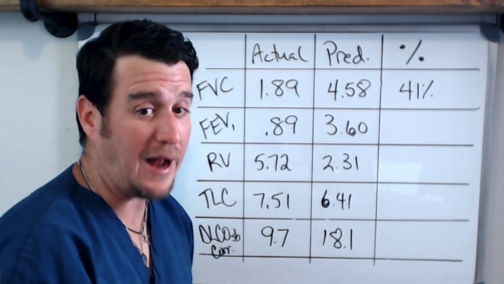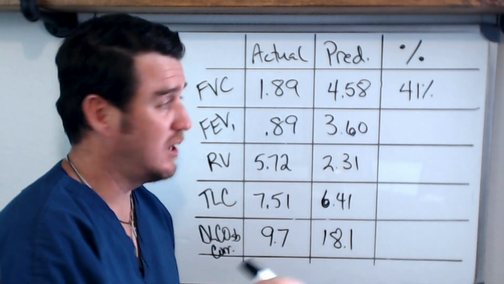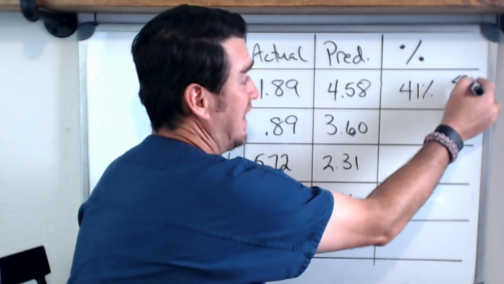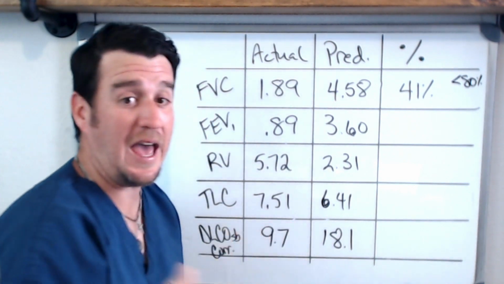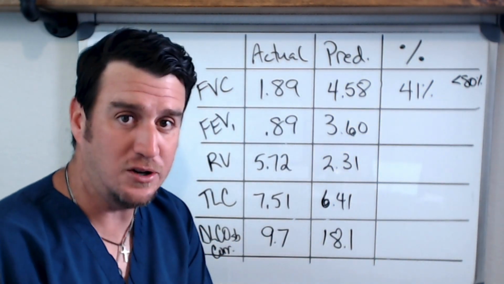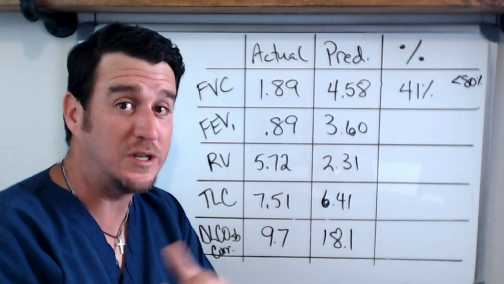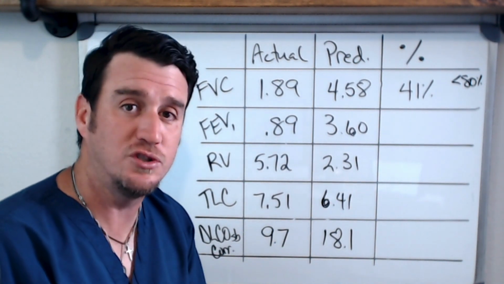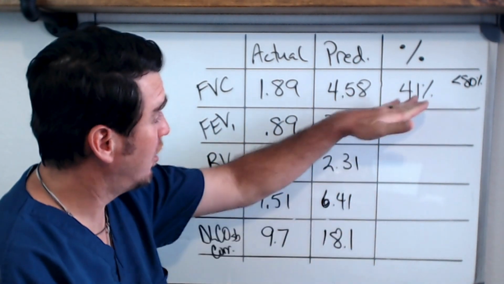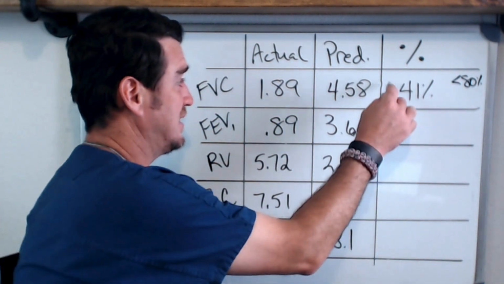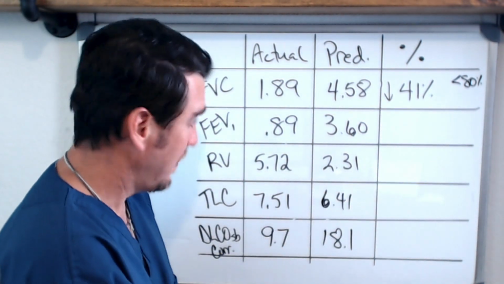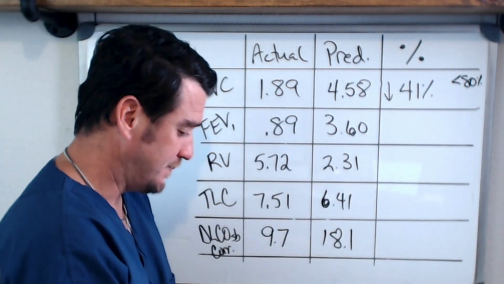Now, if you remember back to the spirometry video, less than 80% was abnormal, but it did not tell you if it was obstructive or restrictive. It only told you that it was abnormal. So we know that this is abnormal. This is decreased.